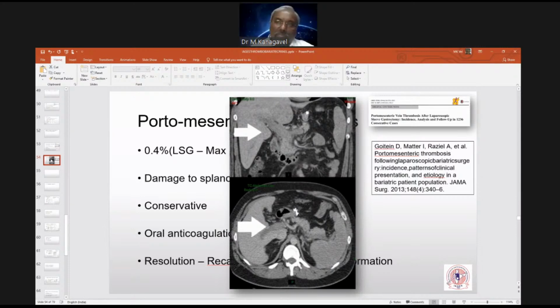Have you come across one of these unfortunate situations, Dr. Vasan? I've thankfully, thank the good Lord, never had to deal with one of these. But having said that, I am part of the Michigan Bariatric Surgery Collaborative, and I think a lot of folks on the panel know that a lot of the seminal data, even the data with regards to the IVC filter and mesenteric vein thrombosis, comes from the Michigan Bariatric Surgery Collaborative.